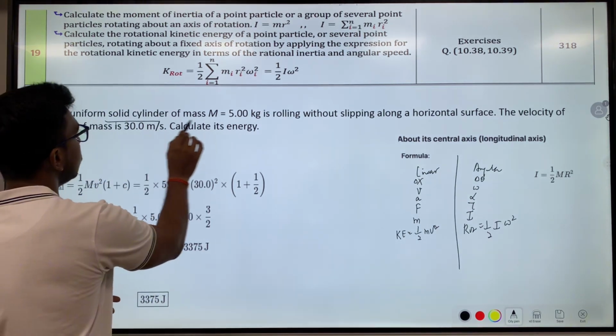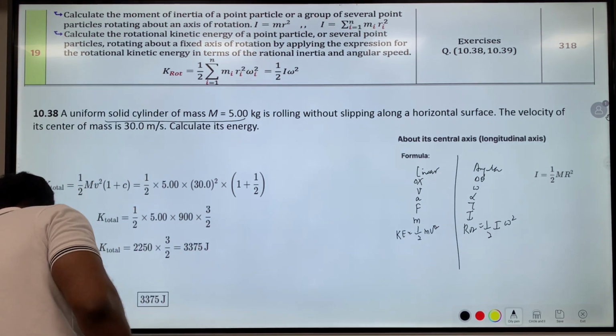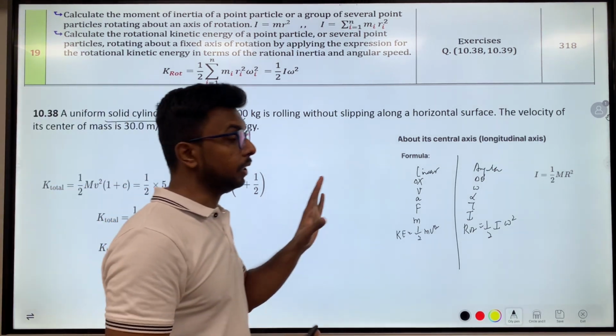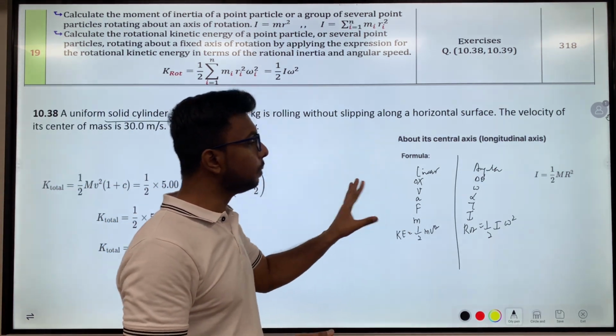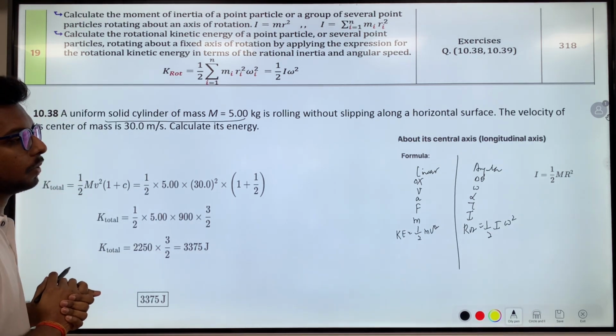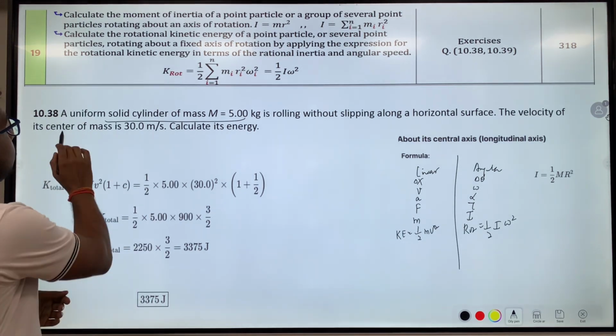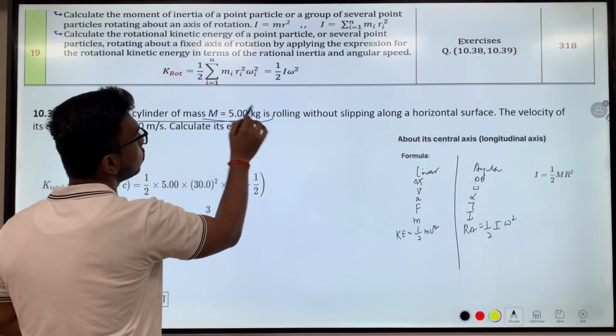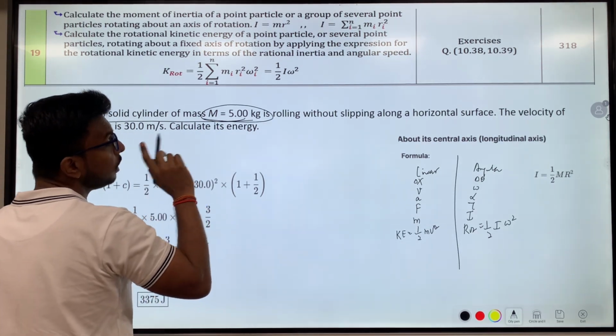So what I was saying is that they are completely interchangeable, and there is a correlation between them as well. Now, a uniform solid cylinder of mass m equals 5 kilos is rolling without slipping.